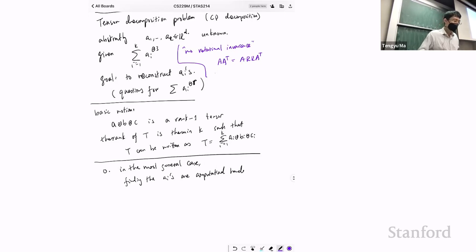But what happens here is that if you have a_i and you permute the indices to a_i primes, where the a_i primes are just permutations of the a_i, then the resulting sum, the third tensor, is still the same. So you only have permutation symmetry, but no rotation symmetry.